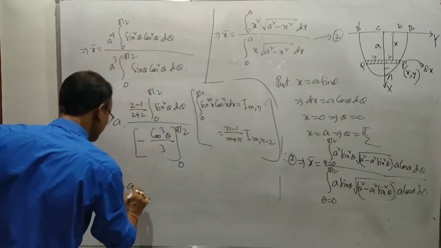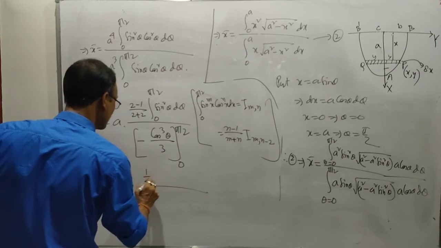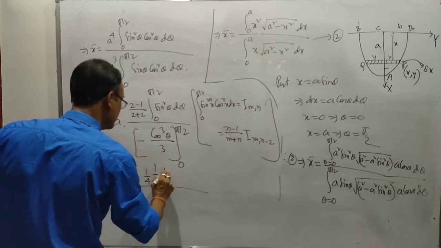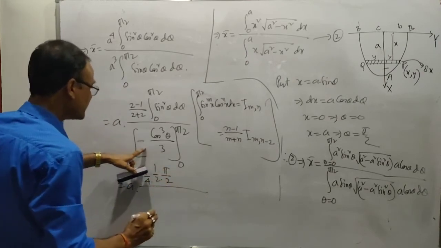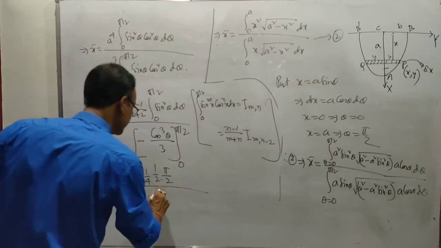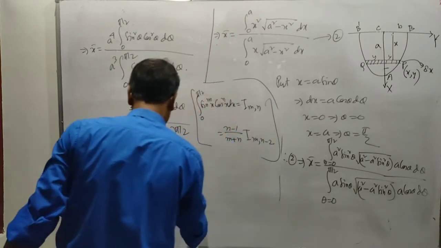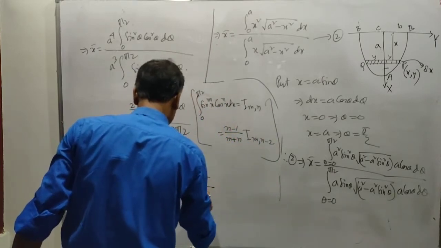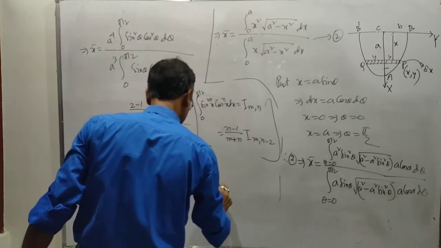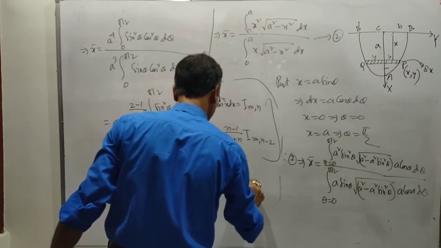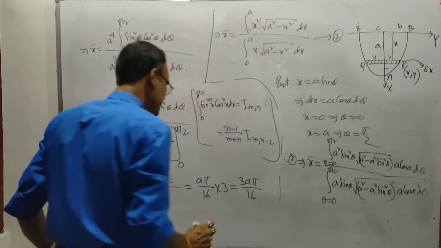This is equal to a, 1 by 4, 1 by 2 into pi by 2, and 0 minus 1, it is simply 1 by 3. This is equal to a pi by 16 into 3, which is thrice a pi by 16.